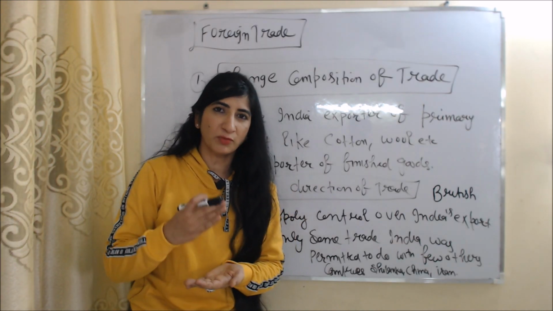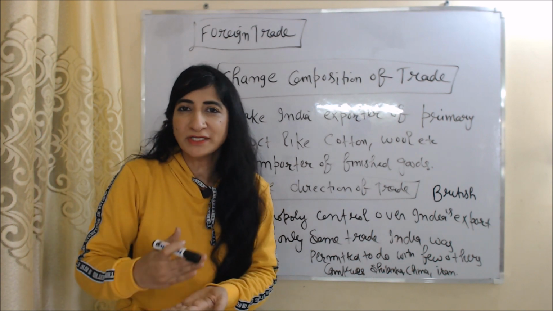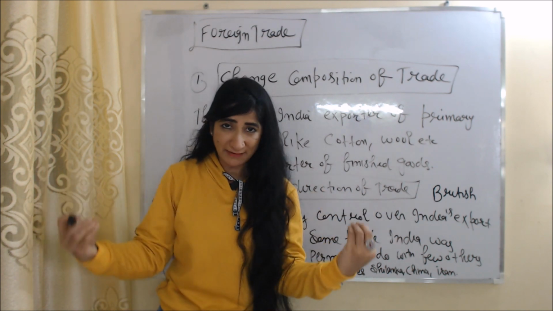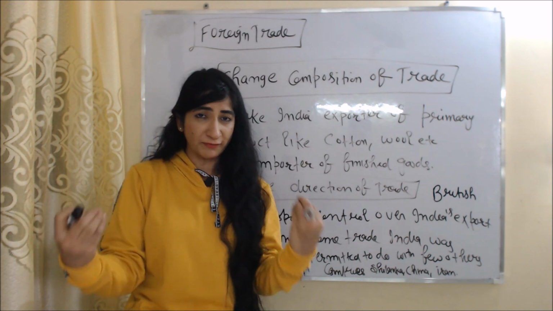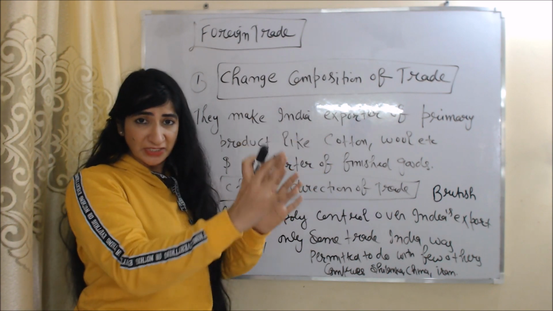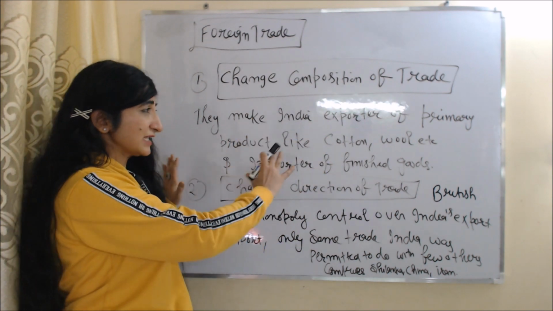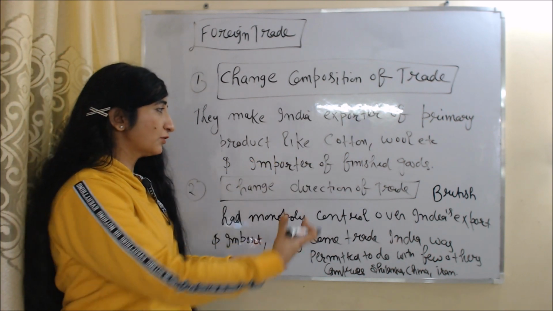We are going to talk about the fourth part of this chapter, that is foreign trade. Foreign trade means exchange of goods and services between two or more nations. India's foreign trade was also affected under British rule. The British changed the composition of India's trade. They made India an exporter of primary products like cotton and wool, and an importer of finished goods.